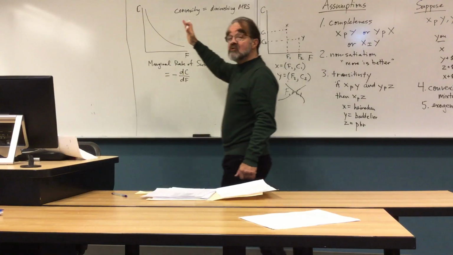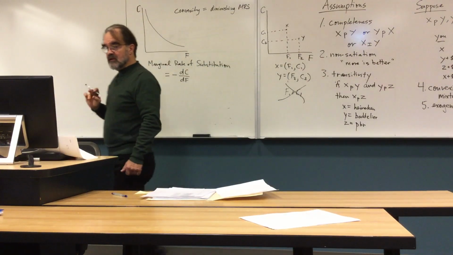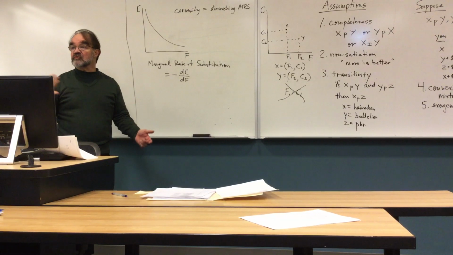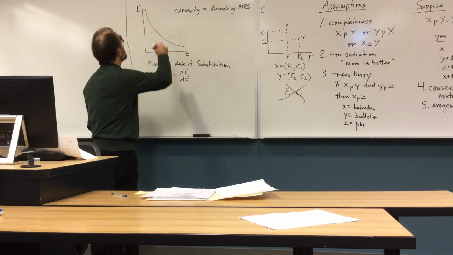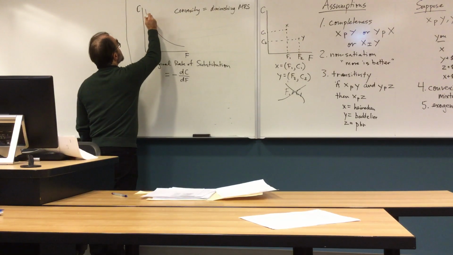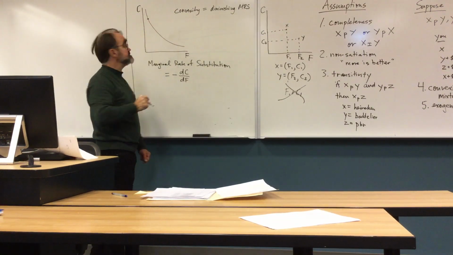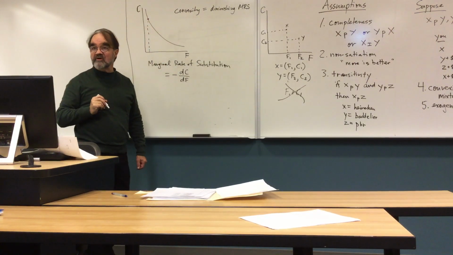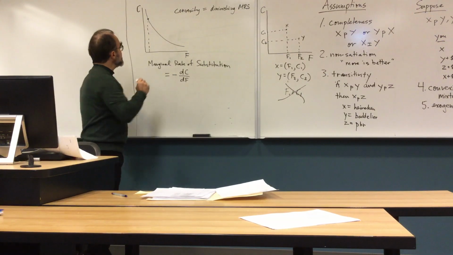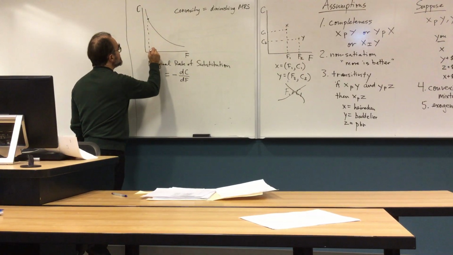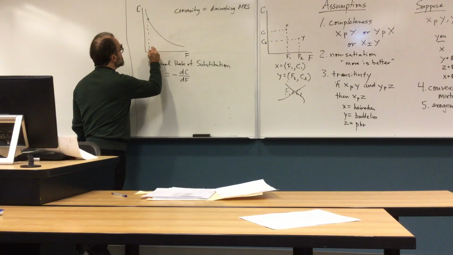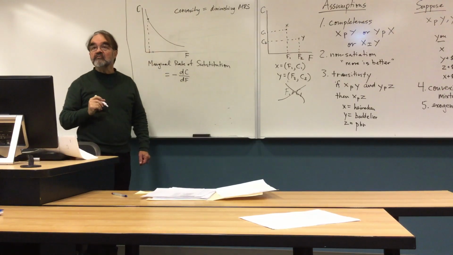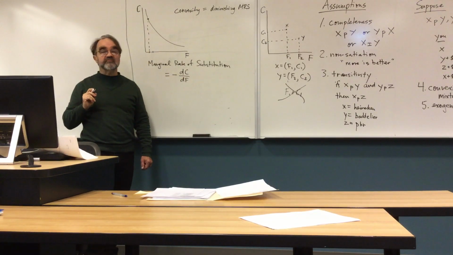Now, what does that mean for this consumer? We're moving along an indifference curve, and it means that all the baskets on the indifference curve are indifferent to each other. Suppose we start at a basket like this, where the consumer has not very much food, but a lot of clothing. And we say, well, to get a little more food, say to go from here to here, how much clothing is this consumer willing to give up and remain indifferent?